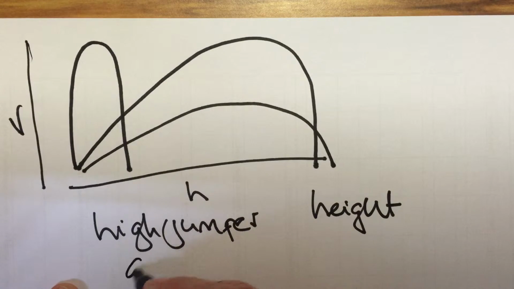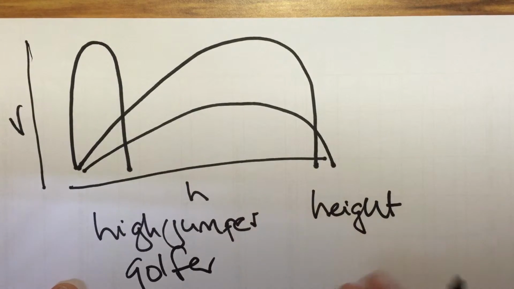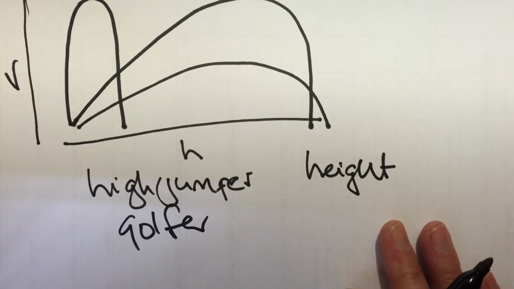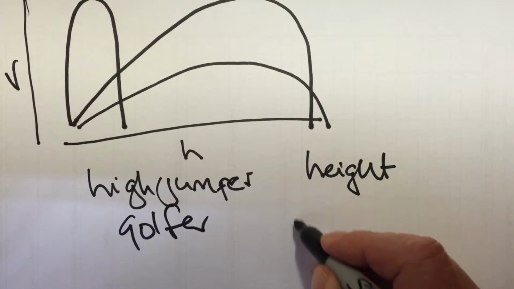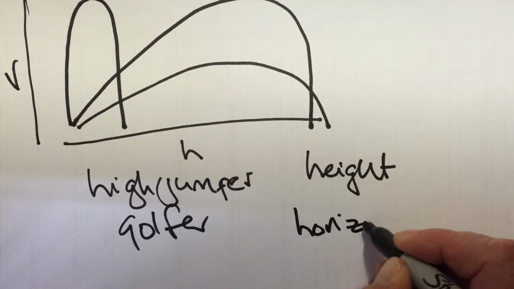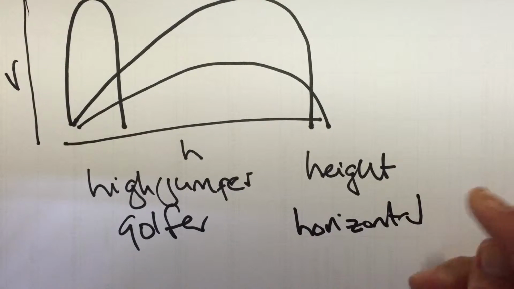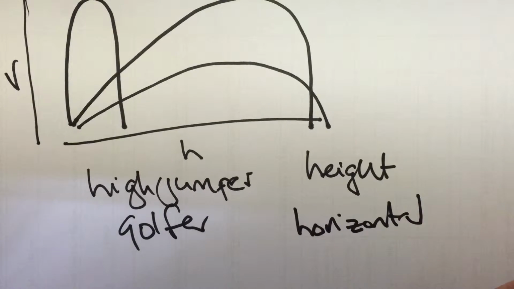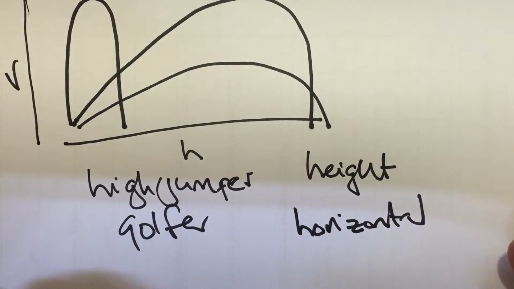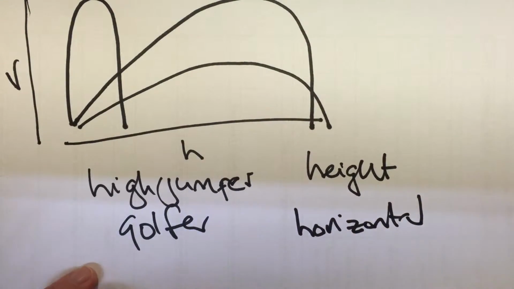Whereas if we're thinking of a golfer, when they tee off, they want to get as much horizontal distance as possible, whereas height isn't the be-all and end-all. However, height does come into it. So we're going to have a look at the 6 factors that impact on an object's flight.